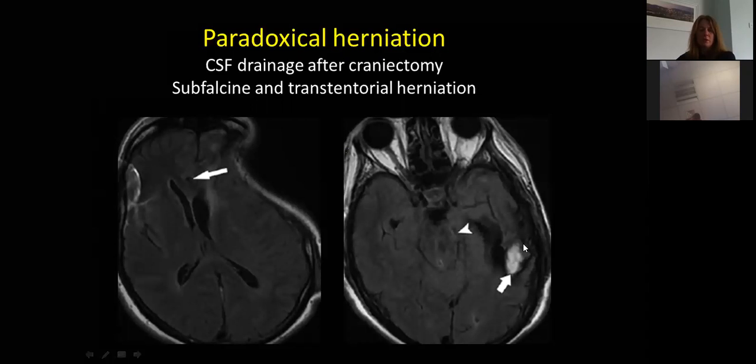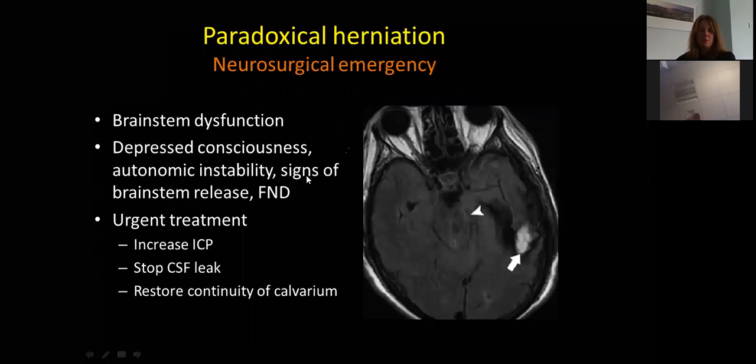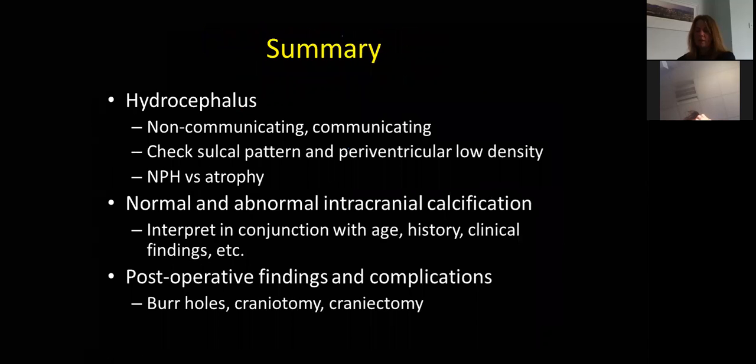So this is called paradoxical herniation. You've got a big defect, but the brain is herniating to the other side. These patients present with brainstem dysfunction, not surprisingly, and they require urgent treatment. So the pressure needs to be increased, the CSF leak needs to be stopped, or you need to restore the continuity of the calvarium. So that's paradoxical herniation, and there we are.